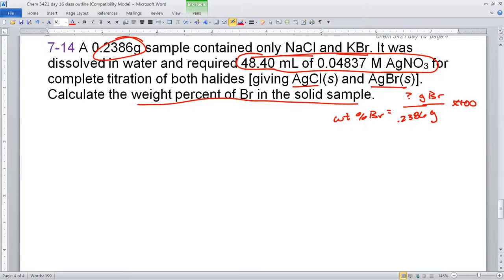So let's start out by realizing when you're given a volume and a concentration, you know moles. So the total moles of silver is going to equal the moles of silver to make silver chloride and the moles of silver to make silver bromide.